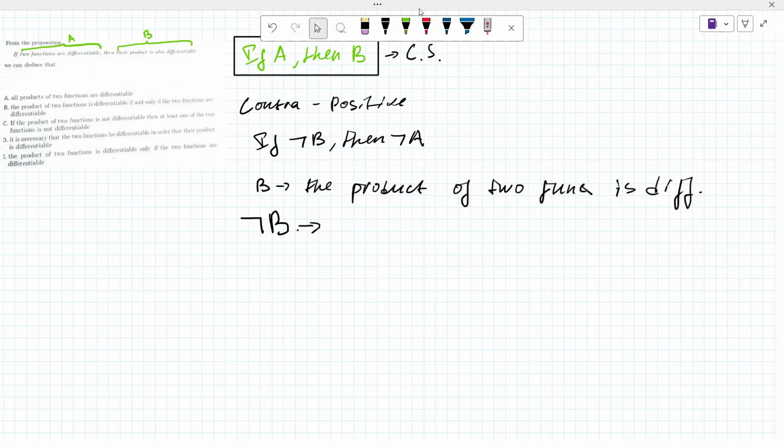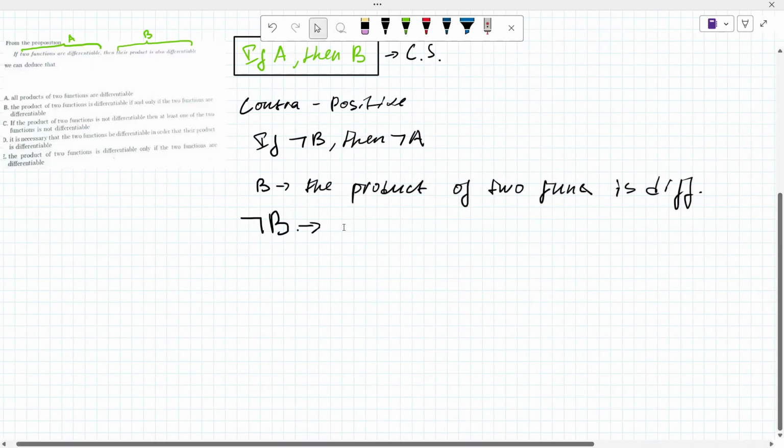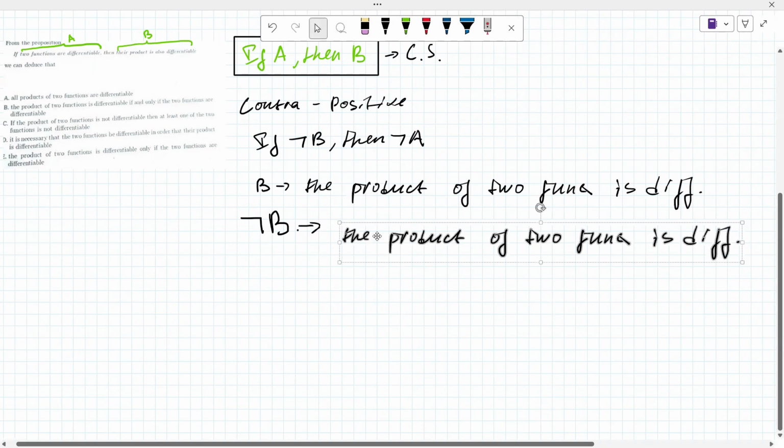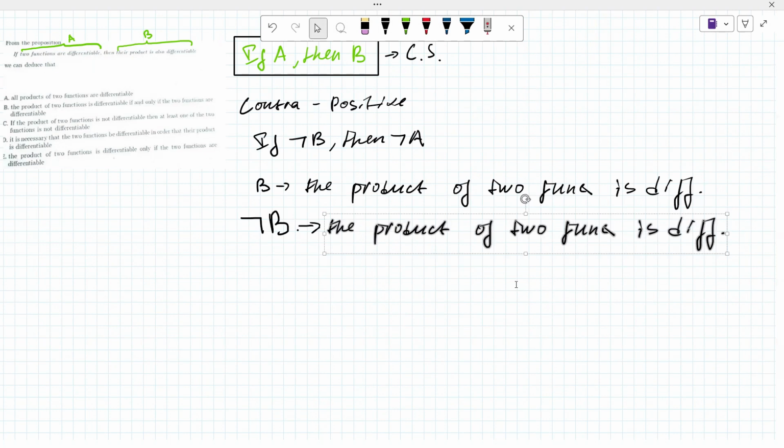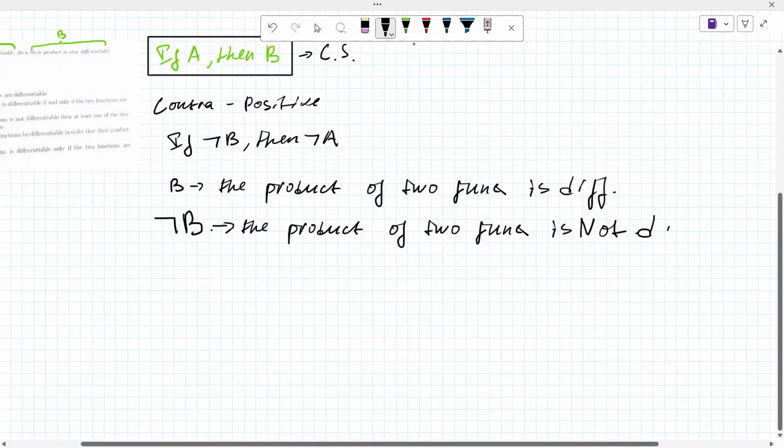Let's put it back here. The product of two functions is, in this case, we have to add not in front of differentiable, is not differentiable.